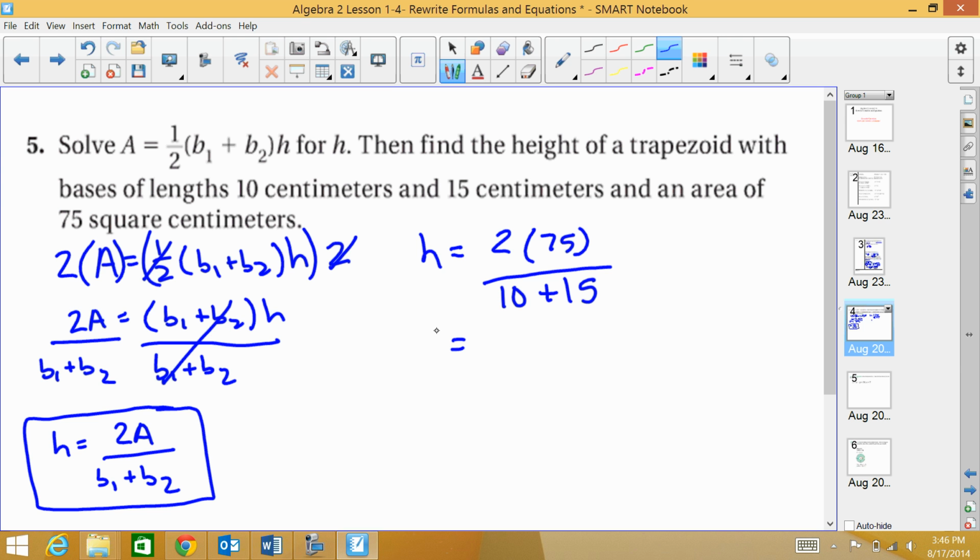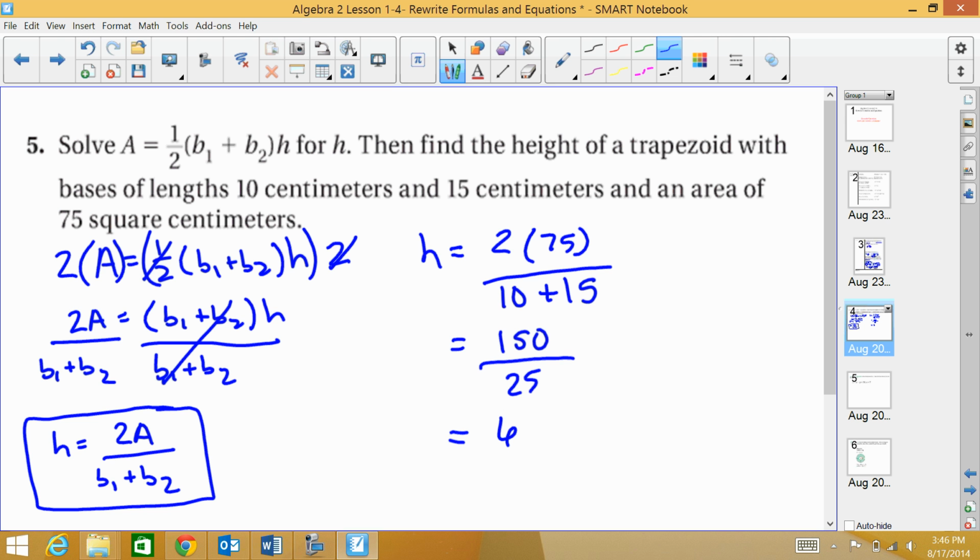And then we're going to work it out. Now I always work out the top separately from the bottom before I divide. So 2 times 75 would be 150. And then 10 plus 15 is 25. So then we're going to work this out. So we're going to take 150 divided by 25, which is 6.